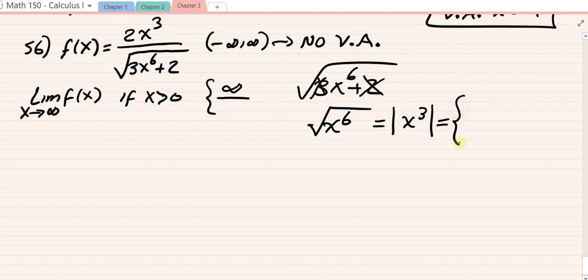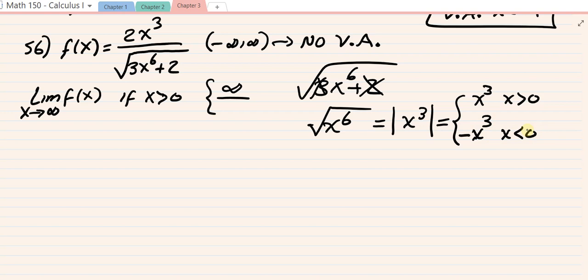And we can write it as x cubed for x positive, and negative x cubed if x is negative. So that's how we can write it without the absolute value.